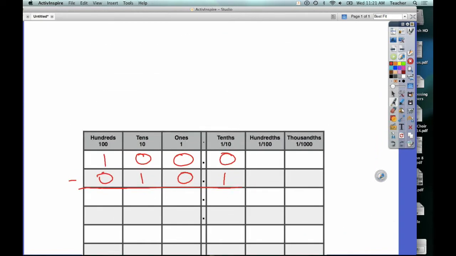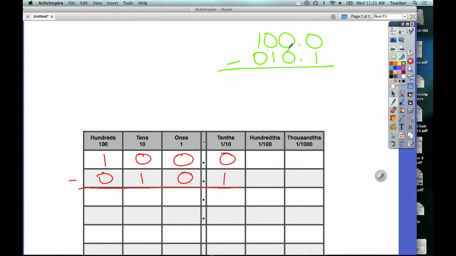So right now I have this problem written out, and I have to borrow. Can I borrow from my neighbor? No, because my neighbor is a 0.